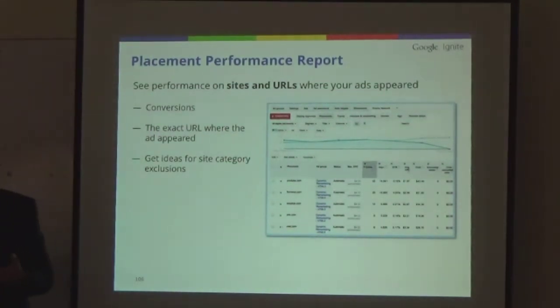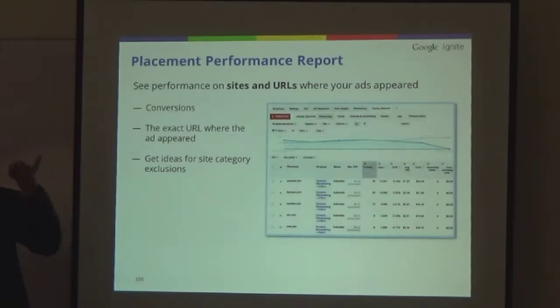So this is a report. In most of the advanced display exams, there are a lot of questions coming on the placement performance report. Just bear in mind that the questions are not very difficult. It's a matter of understanding how to use this report to relate a couple of insights. In the placement performance report, you are able to see which sites your image ads are being shown on.